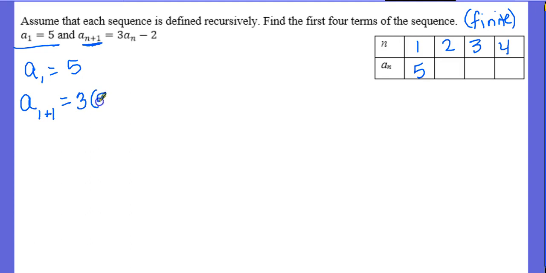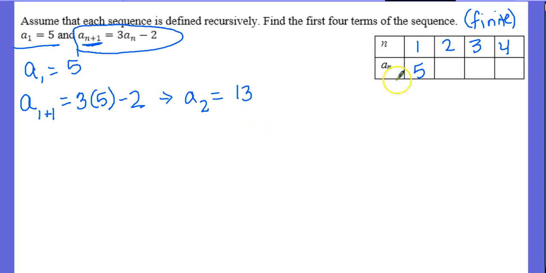So 3 times 5 minus 2. I'm just doing this rule right here. To finish that out, A sub 2 is equal to 13. So I fill it in, and I'll make my little sequence here: 5, 13, comma.